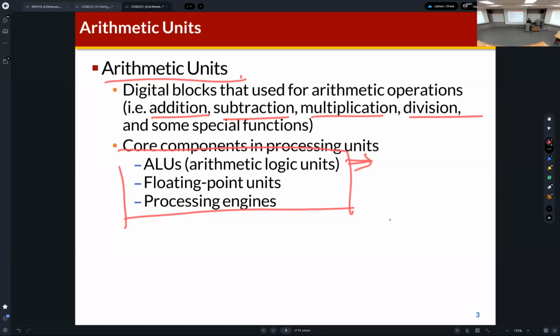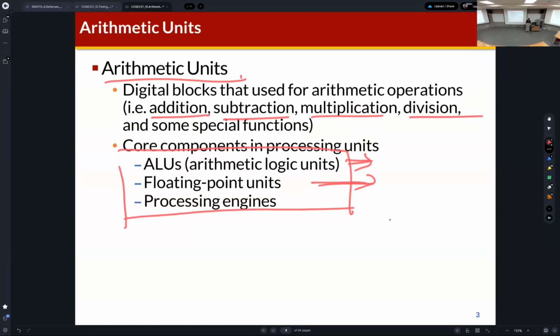In machine learning or AI applications, those handle floating point numbers, right? Deep neural networks really use floating point units. Also, by using these arithmetic units, we can build custom processing engines.